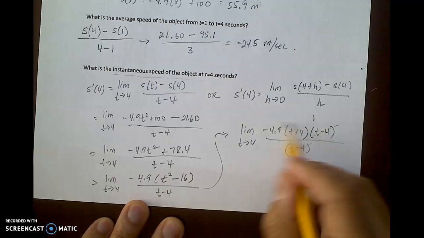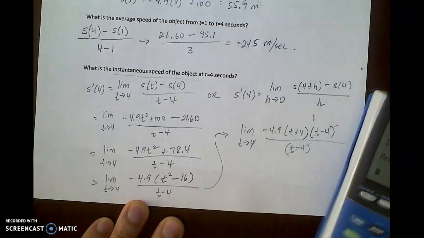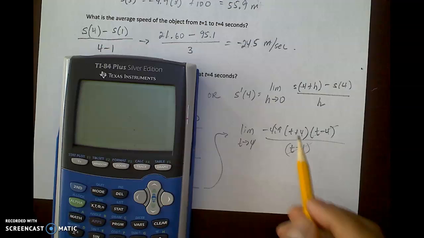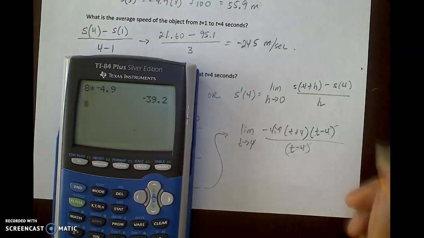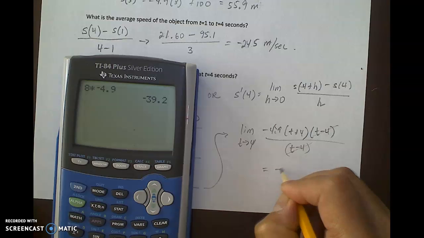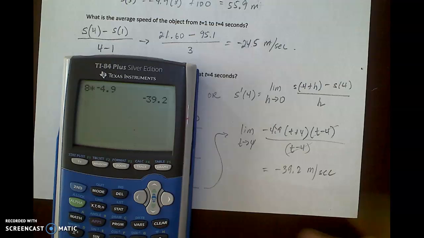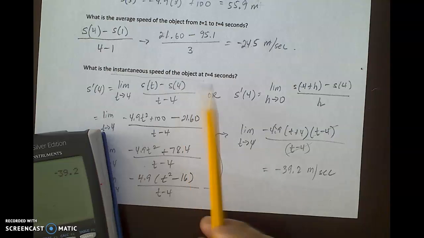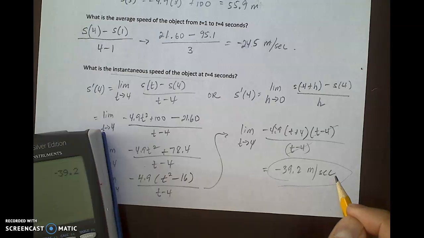We're left with this right here, so I can plug 4 in for t. 4 plus 4 is 8, times negative 4.9. There you go. This is the value of the instantaneous speed. What is the instantaneous speed of the object at t equals 4 seconds? It is negative 39.2 meters per second.